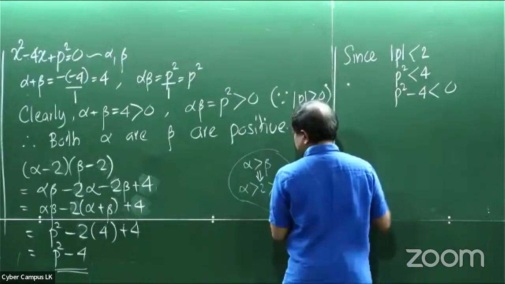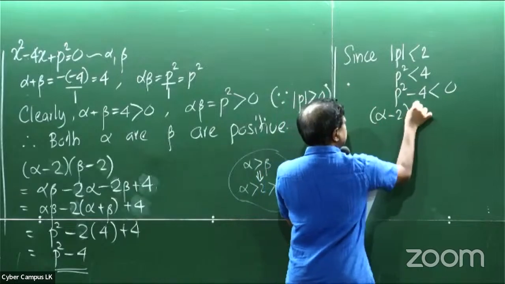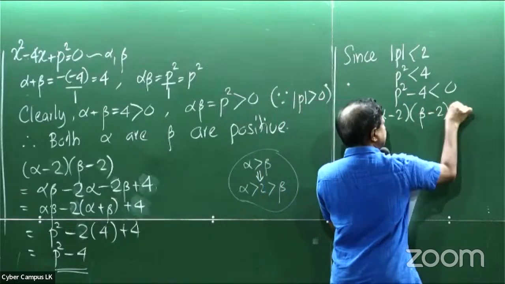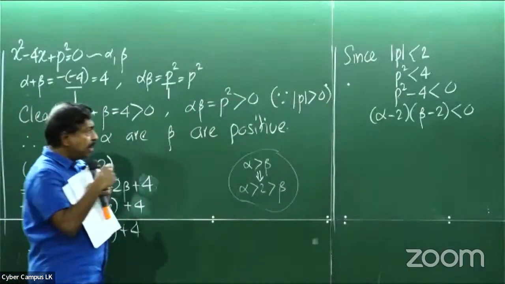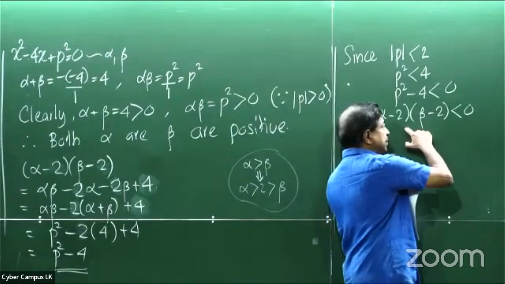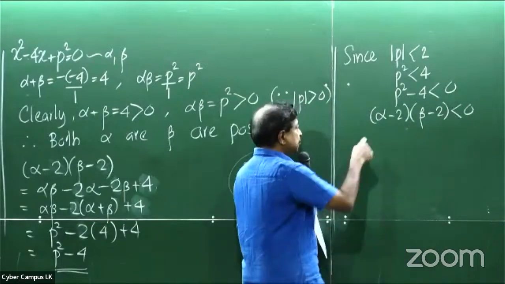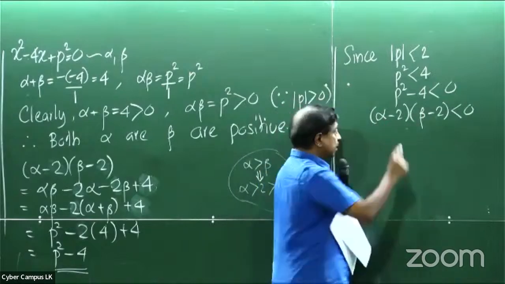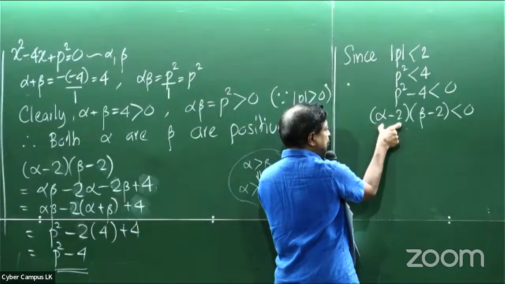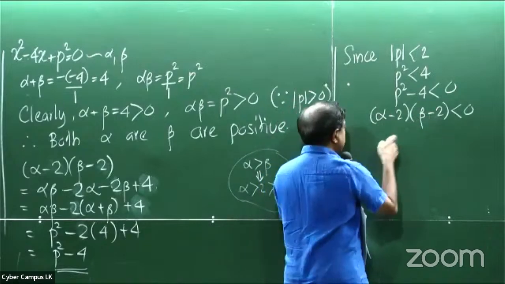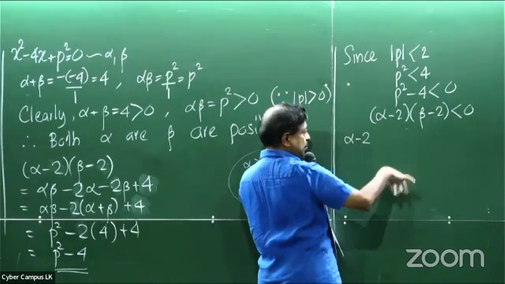Now for p squared minus 4, you can plug in this one: alpha minus 2 times beta minus 2 is less than 0. Now you can start from there. Now you have a product which is less than 0. That means both attain different signs, opposite signs. If this is positive, this is negative. So assuming that this is positive, I'll provide more details.